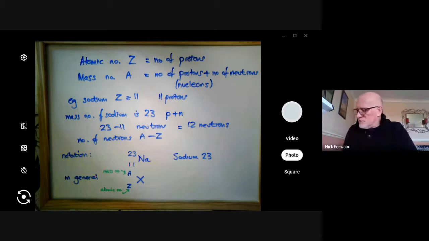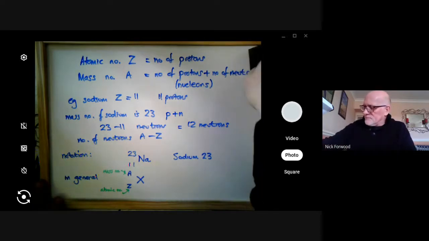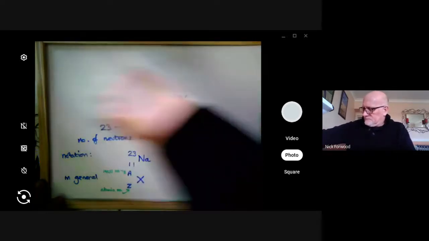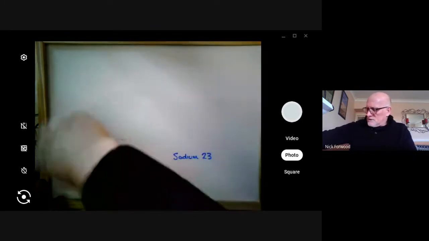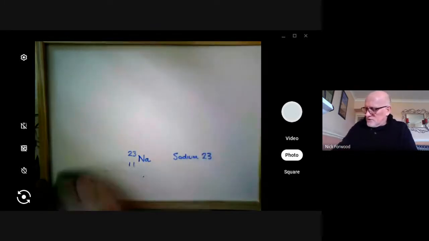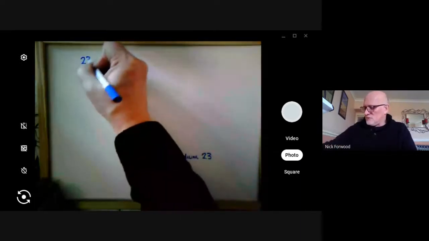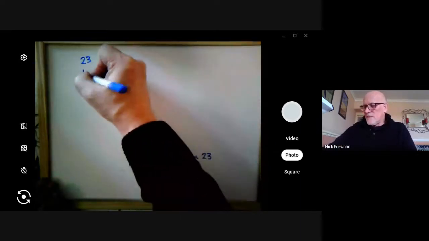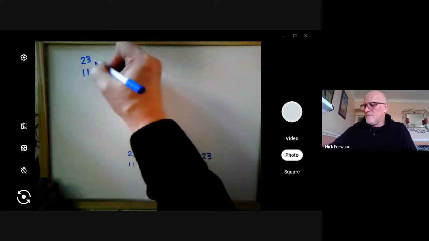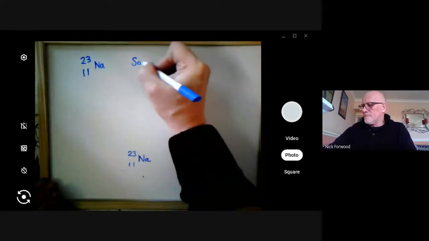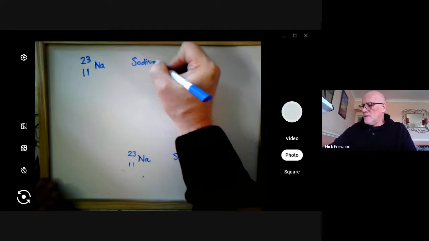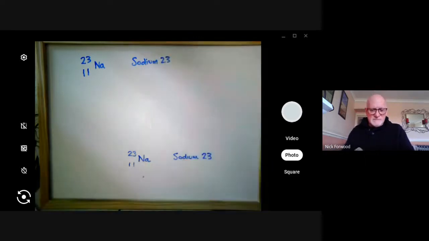Okay, sodium 23. Now I want to move on to the next little bit of my title, which is about isotopes. And I'm just going to keep some of this information here. That's called sodium 23.